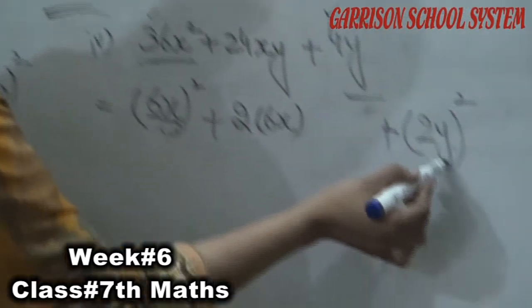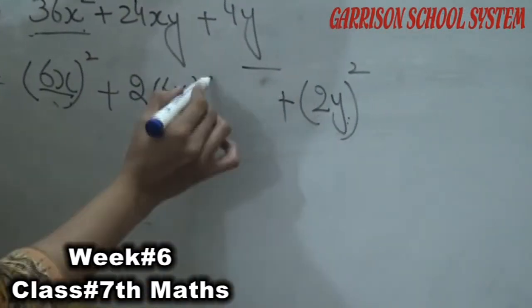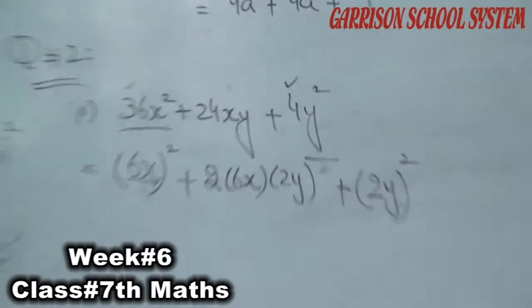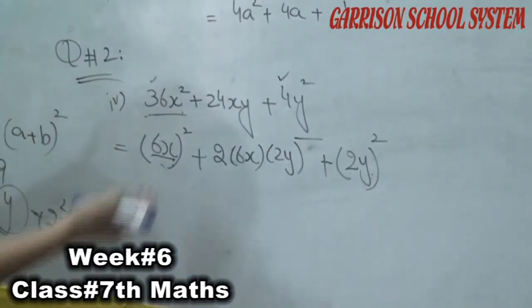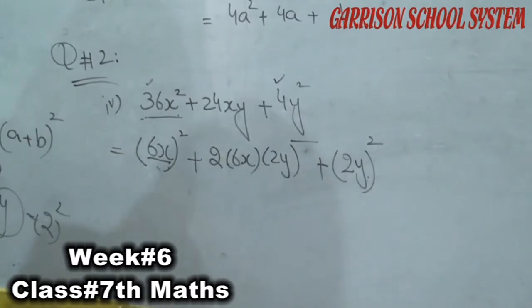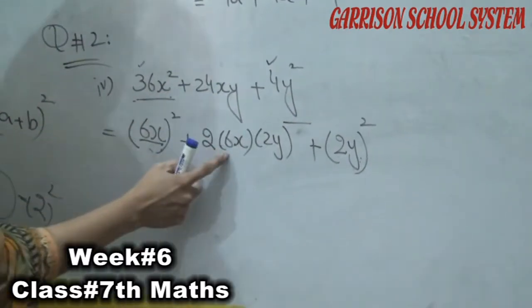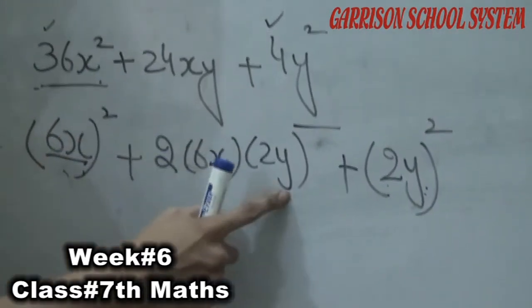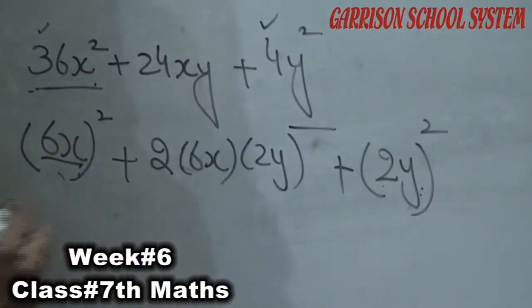B is the second term or the last term, so 2y is the last term. Now I will see whether the middle term is complete or not. 6 2s are 12, 12 2s are 24xy, so the middle term is complete.